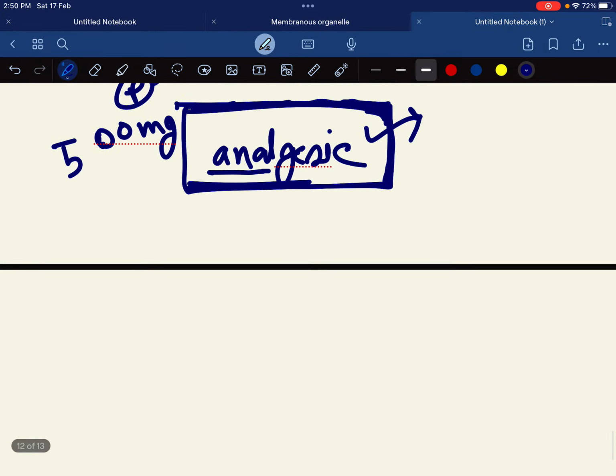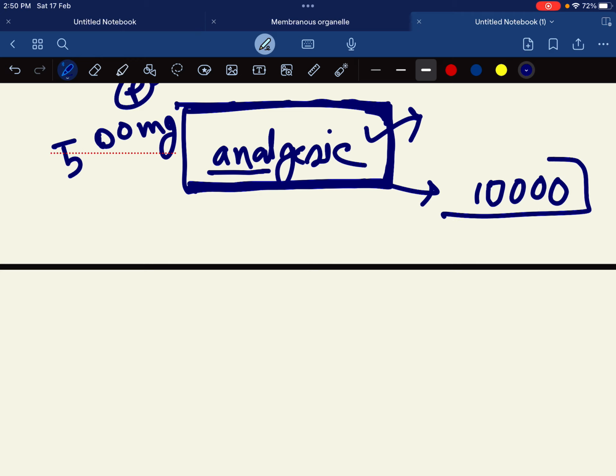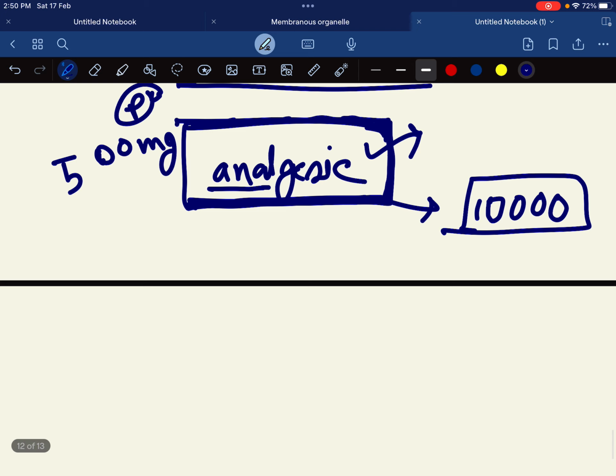Suppose you are taking analgesics. You have administered this same amount of drug to about thousands of people, say 10,000 people. But we will now describe the response by a yes or no method.